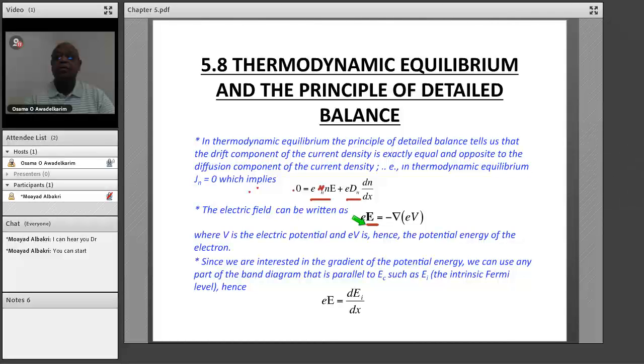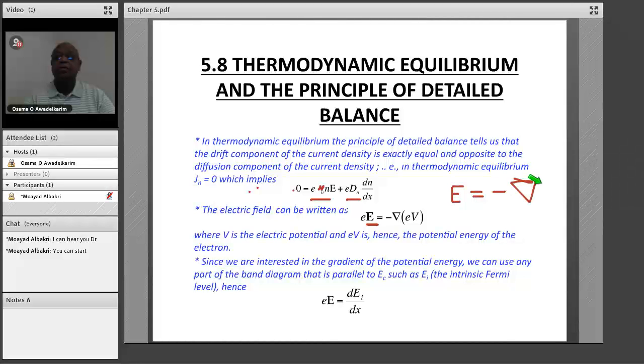So it comes from the energy of the electrons, the thermal motion of the electrons inside the semiconductor. And the electric field, E, or the electric force, is actually, from the Poisson equation, the gradient of the potential.